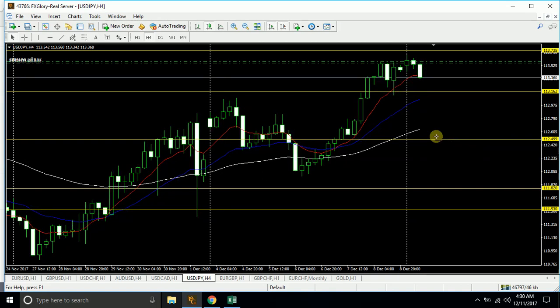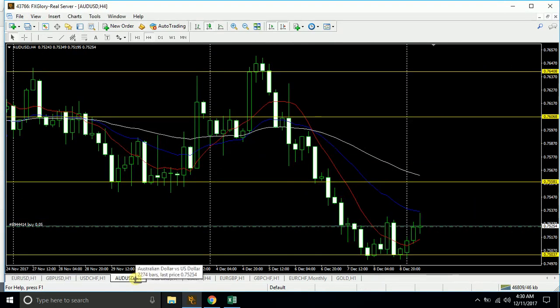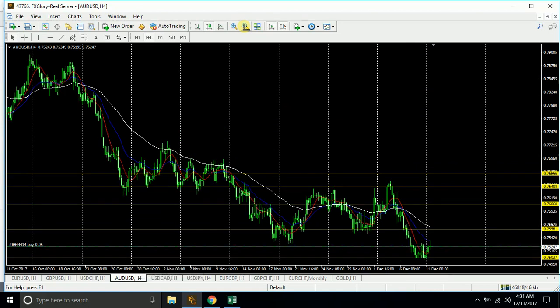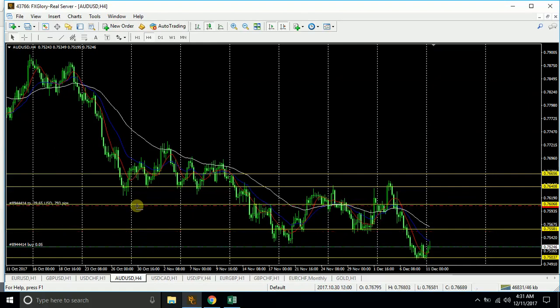So there we have three pairs broken down. We have the Euro USD here. We have the Aussie USD here. And as far as the Aussie is concerned, I put a take profit here.